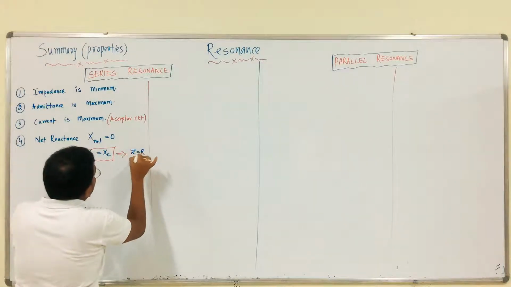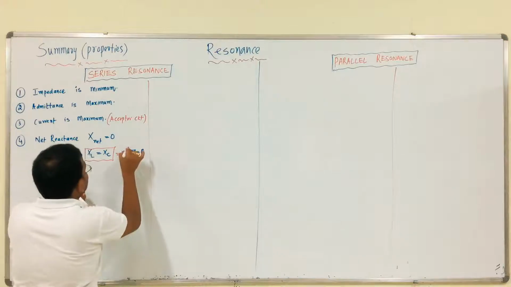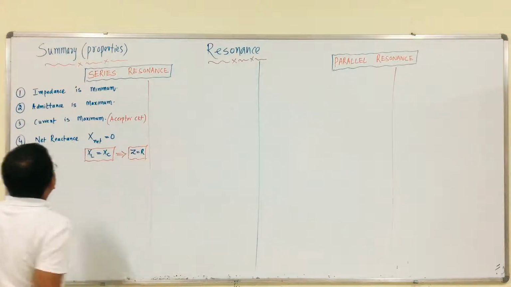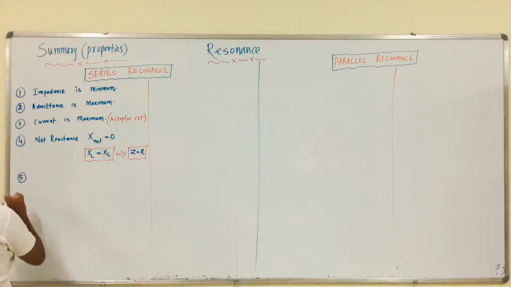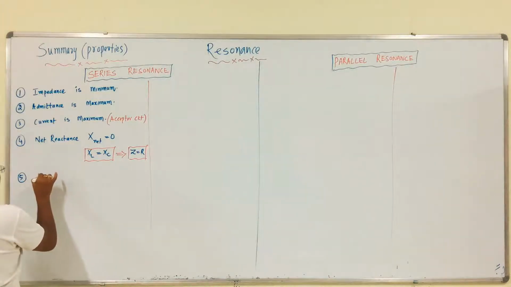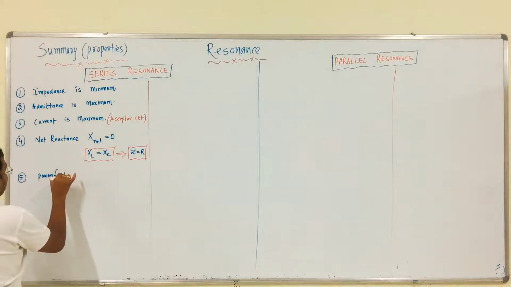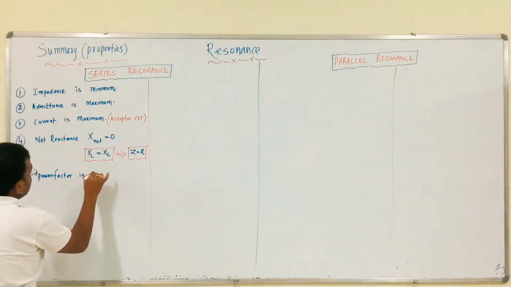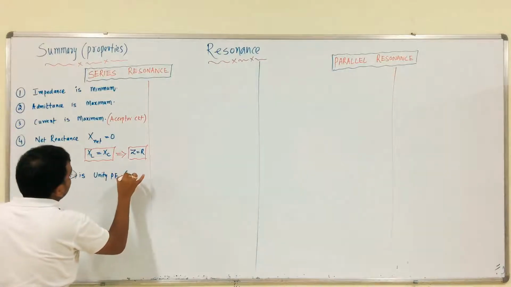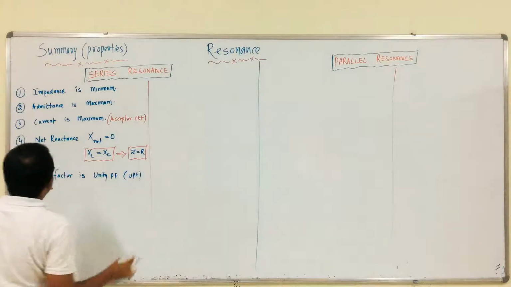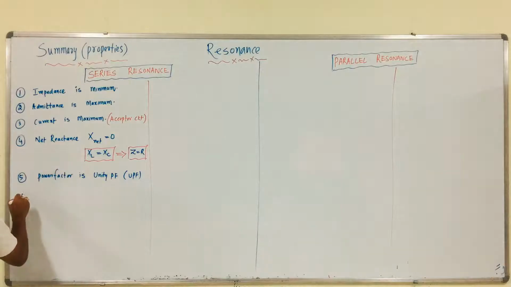Impedance is equal to R, right? Fifth point, power factor is unity power factor, that is UPF. UPF. Clear?